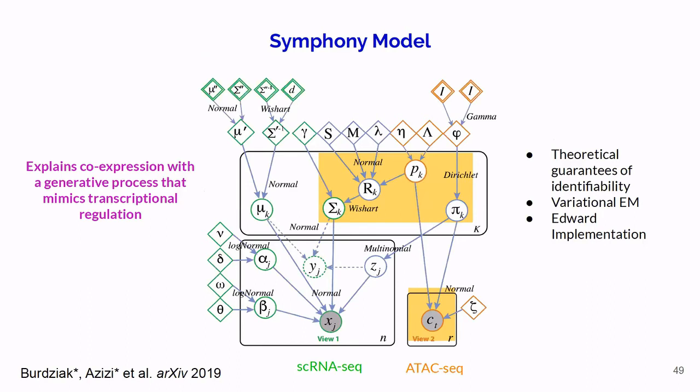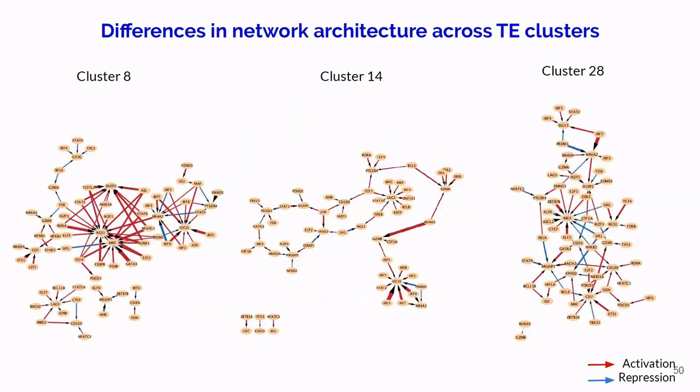I won't go through the details of the scary looking model. You can find that in the archive, but we provided a variational EM inference and scalable implementation with Edward for this model. Applying it to the data, what was really surprising was we found that, first of all, the architecture of the regulatory networks is very different even across the terminally exhausted clusters.